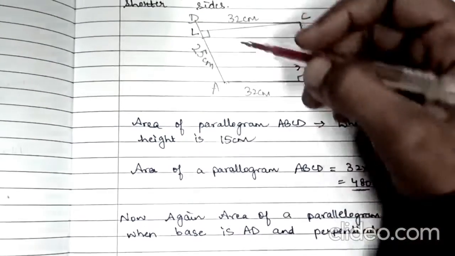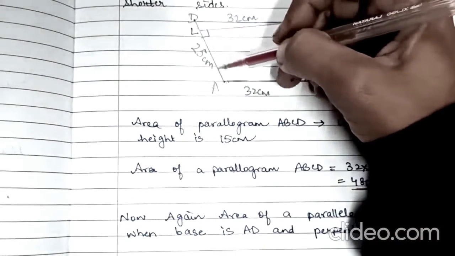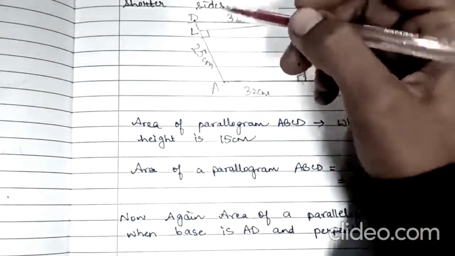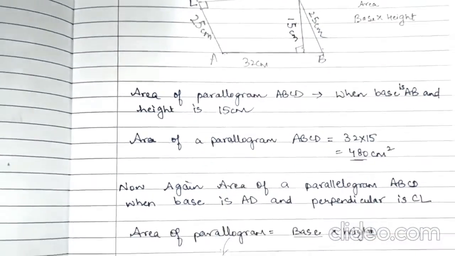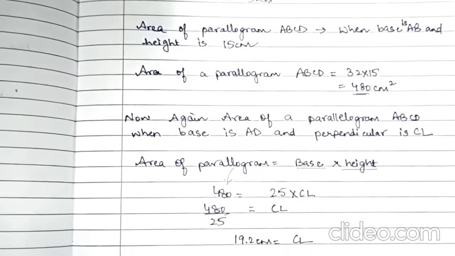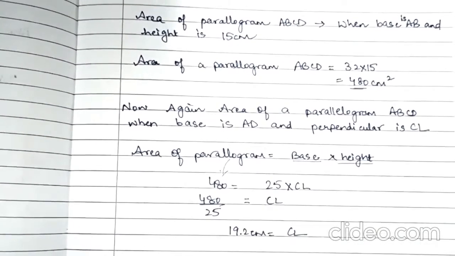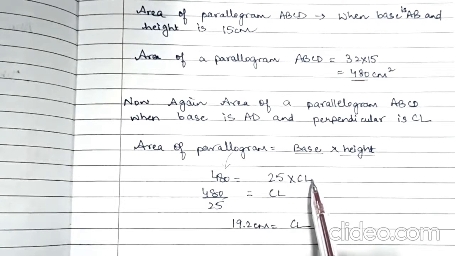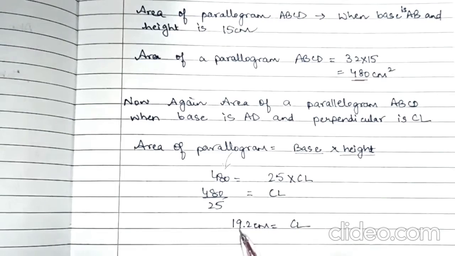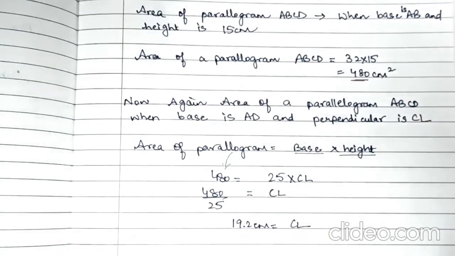And what is the base? Base is 25 centimeter and height is CL. So by putting values we get what? 480 is equals to 25 into CL. So CL will be 19.2 centimeter.